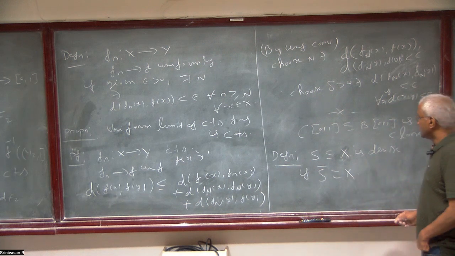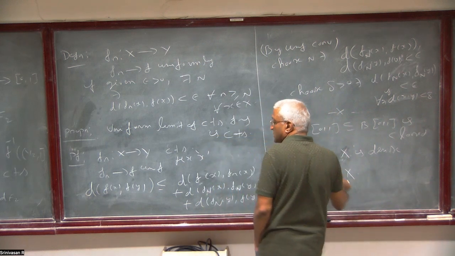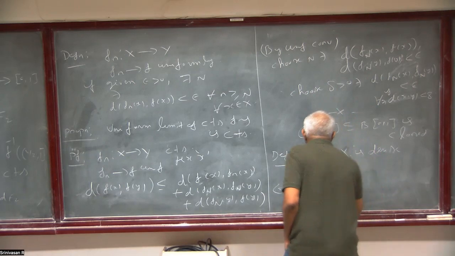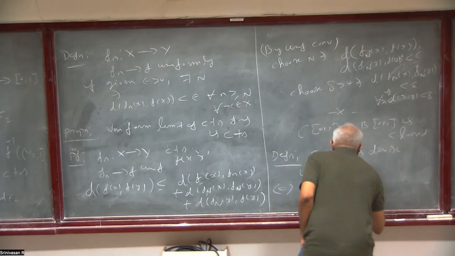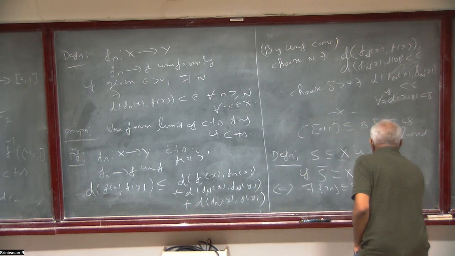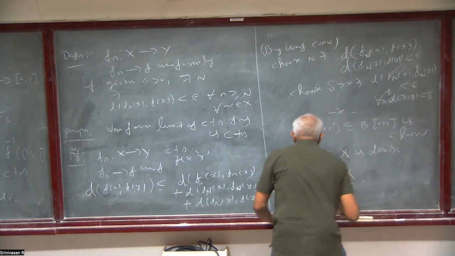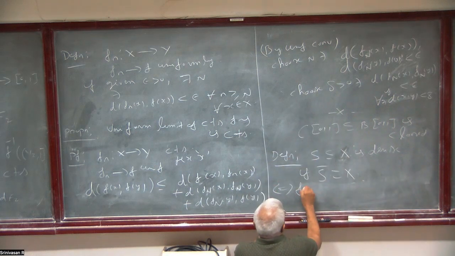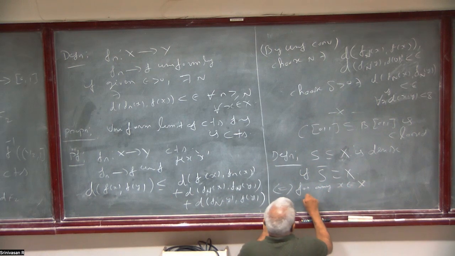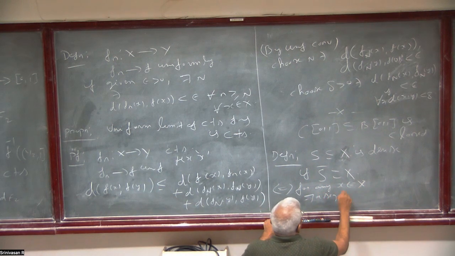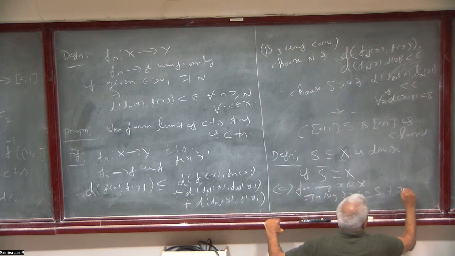So this is equivalent to saying, by the definition, because we may use any of the definitions, that for any arbitrary x in X, there exists a sequence xn in S such that xn converges to x.